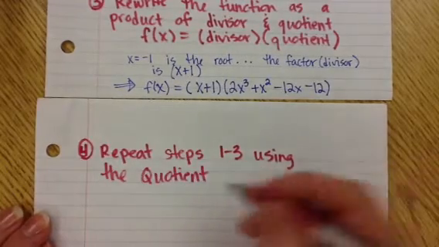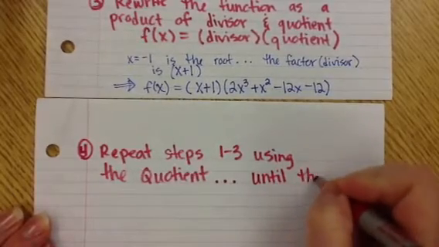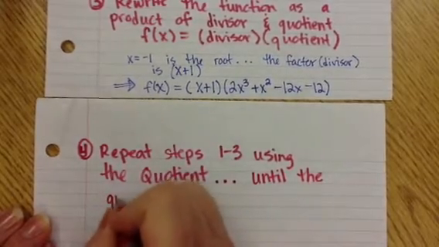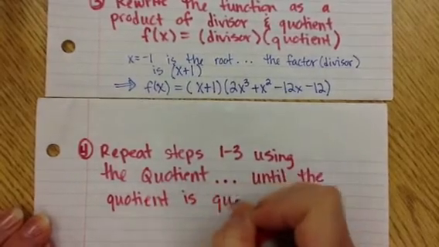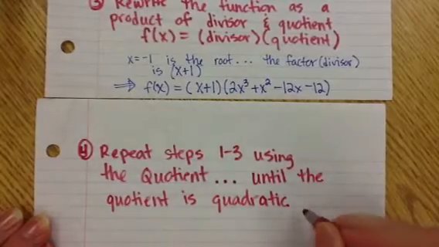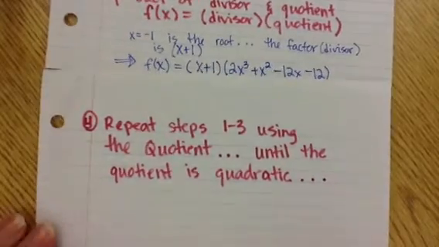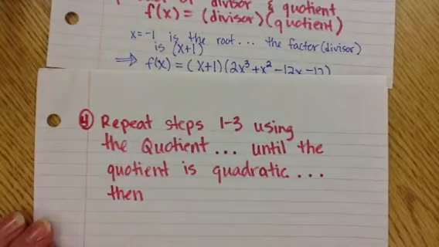And we're going to keep repeating that until the quotient is quadratic. Quadratic, remember, means a degree of 2. Once the quotient is quadratic, then we won't break it down using synthetic division anymore.